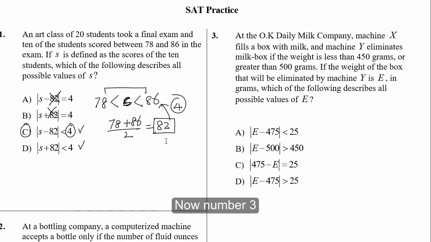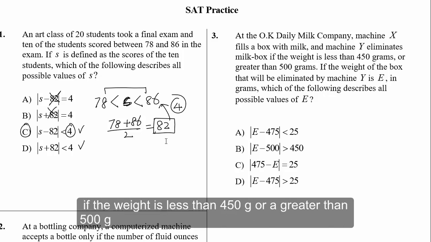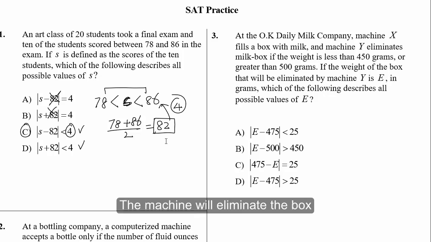Okay, now number 3. Dairy Milk Company machine X fills a box with milk, and machine Y eliminates the milk box if the weight is less than 450 grams or greater than 500 grams. The machine will eliminate the box.